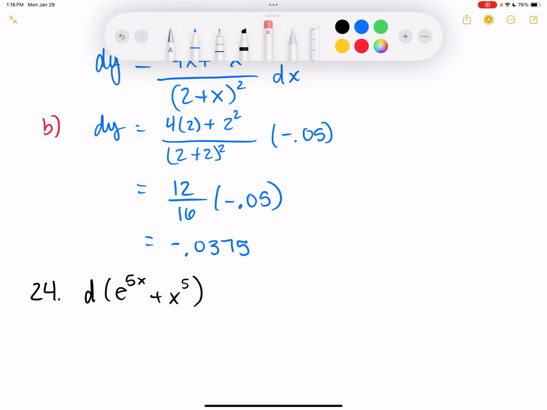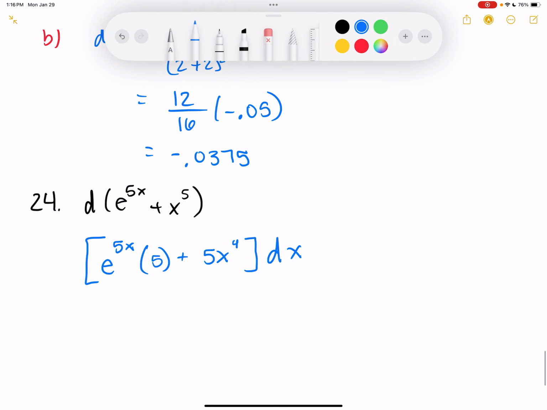So what is the derivative of e to the 5x? e to the 5x times 5 plus 5x to the 4th times dx.